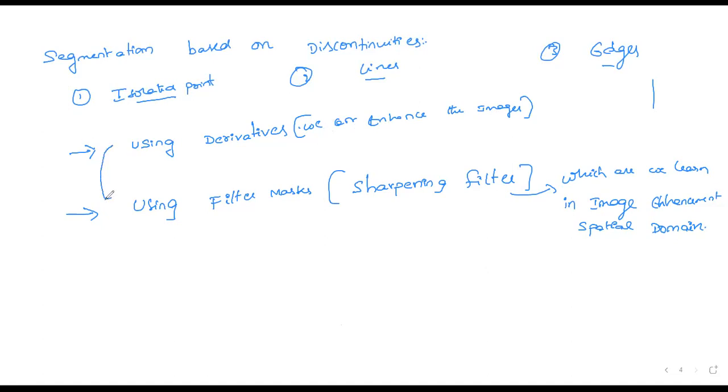These two techniques are used for image enhancement also. These two questions may be asked in image enhancement also: explain image enhancement using derivatives, using sharpening filters. Same question you have to write there.